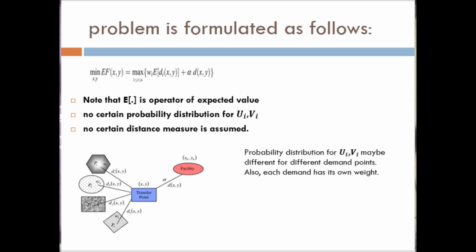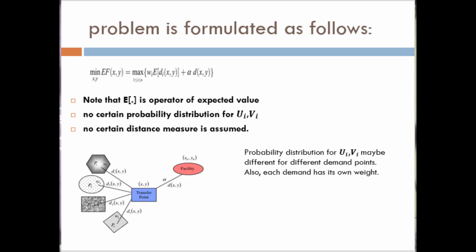This figure shows a geometric representation of the above general model. Each demand has a geographic distribution in a region, and the probability of occurrence of emergency needs at each point of the region is known.